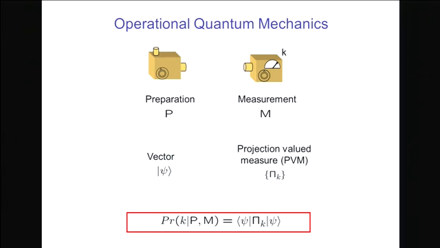One other small note is that the term projector value measure really is a bit heavy-handed in this context, because I'm assuming that this outcome space is just a discrete set. Outcome 1, 2, 3. This terminology was introduced when people were considering outcome spaces that were continuous sets. So if you're doing, say, a measurement of position, now you've got the real line as your outcome space.